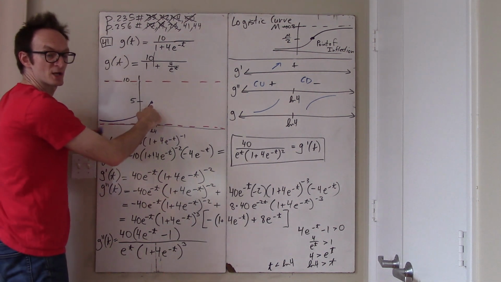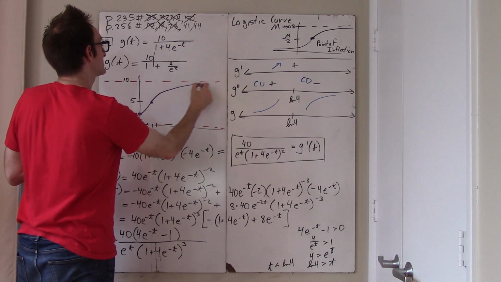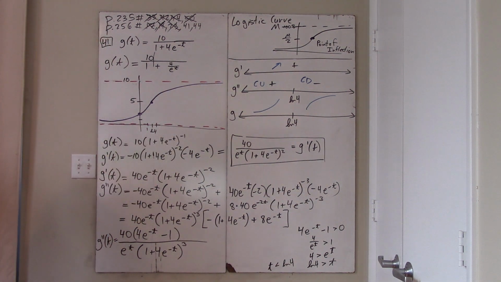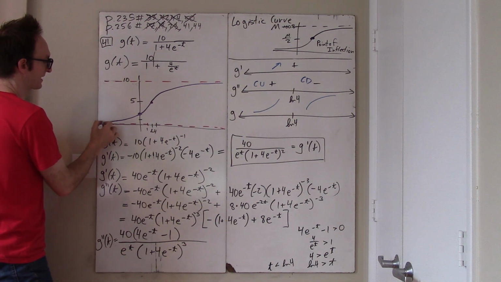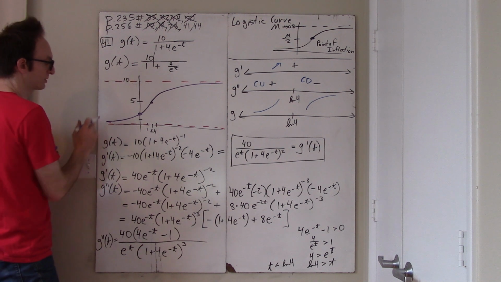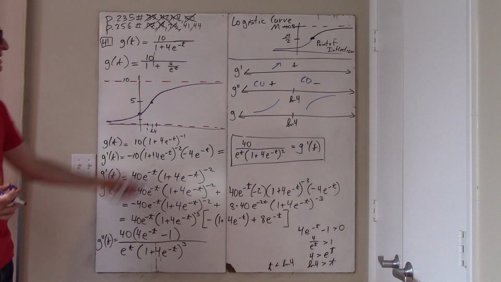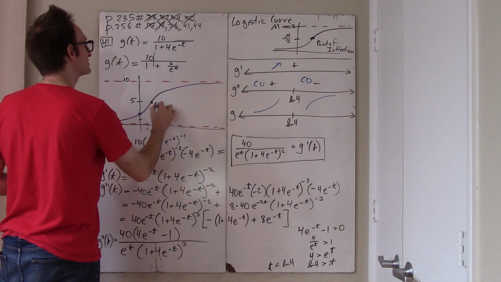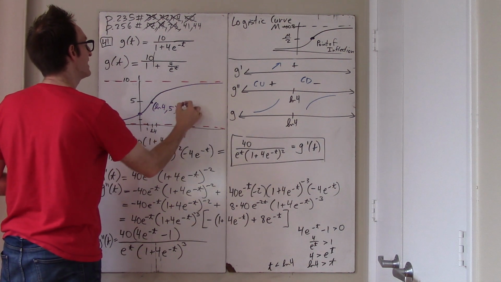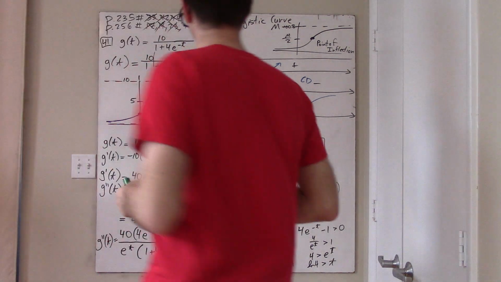Then this is the point at which half of the population has already caught the disease, basically, and so now the rate at which more people are catching it starts to slow down, and there are happier examples like fashion trends, or the way in which a rumor spreads, or linguistic change. There are many, many phenomena which follow these. Social scientists call these S-shaped curves. But for our purposes for this moment, this is the point ln 4 comma 5, and that is a point of inflection where the function goes from being concave up to concave down.